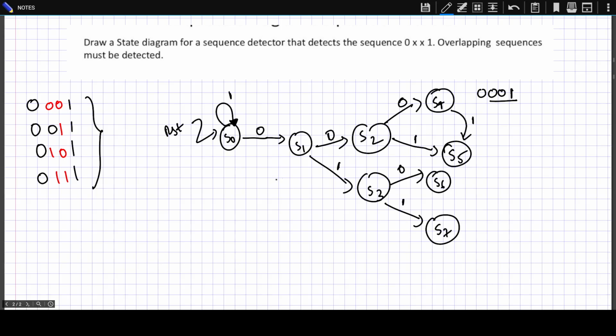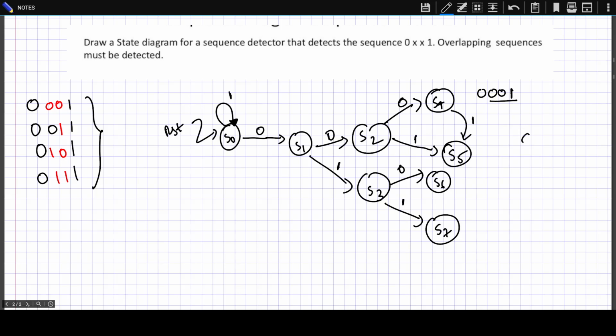State S6 represents that it has matched 0 1 0. State S7 means it has matched 0 1 1. Now from state S5, if we get a 1, we would complete the pattern and go to some other state. Which state will that be?